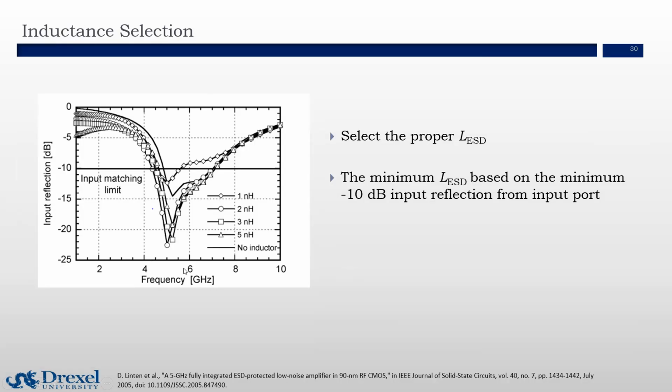If our frequency is set to be 6 gigahertz, we find that the inductance with 1 nanohenry gives smaller than -10 dB reflection. Hence, 1 nanohenry will be optimal. You can see that this is also frequency dependent, and we simulate with 1 nanohenry inductance to 5 nanohenry inductance.